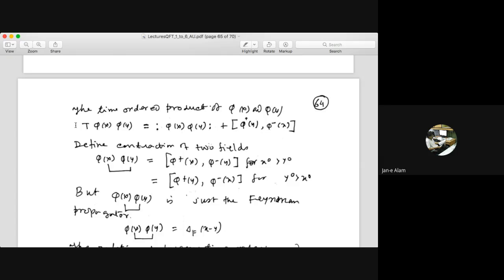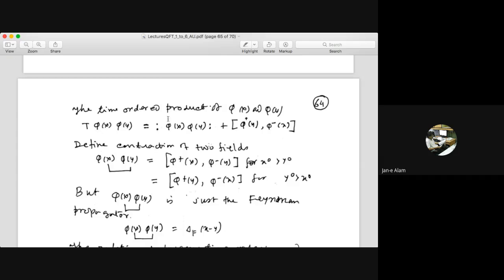It is the vacuum expectation value of the operator phi x and phi y, right? So there is a vacuum on this side and on this side. If I take the vacuum expectation value of the left hand side, that is my Feynman propagator. Now if I take the vacuum expectation value on the right hand side, this part will give me 0. You know why?